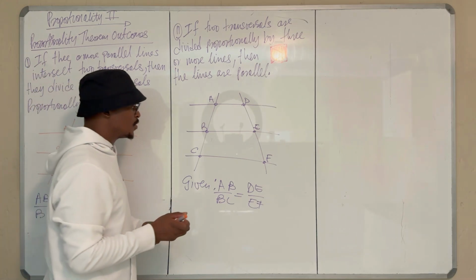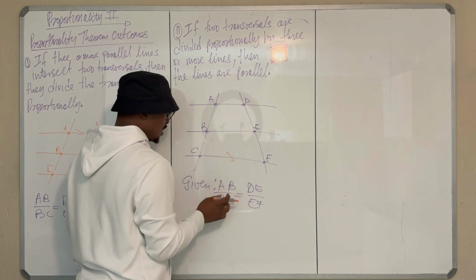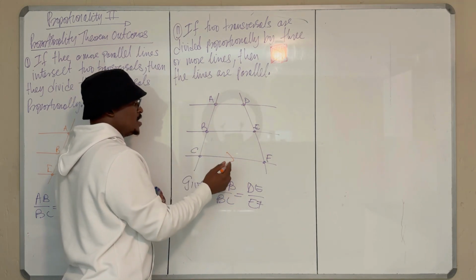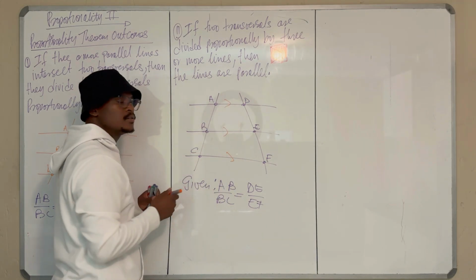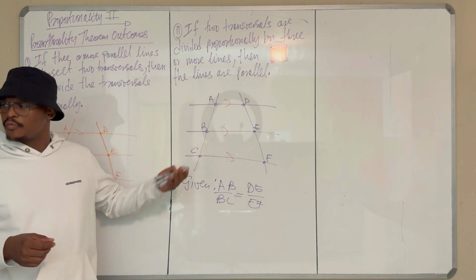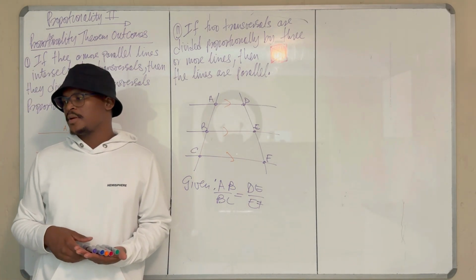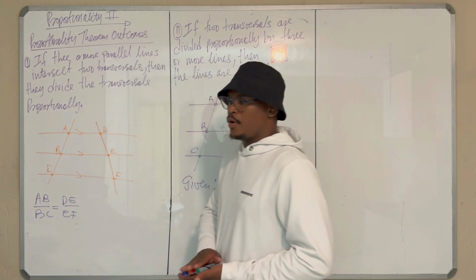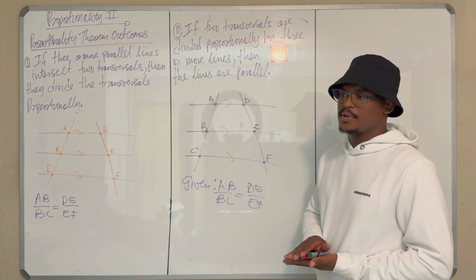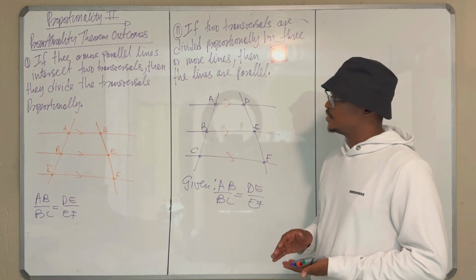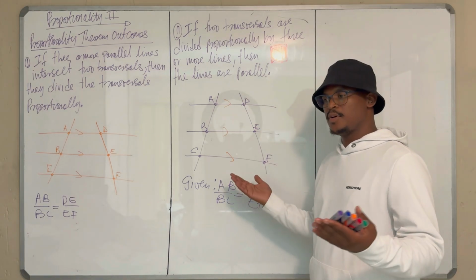So in this case, you can just say, because these 3 lines divide these 2 transversals proportionally, all these should be parallel. It's similar to what you saw in the proportionality theorem. Now I'm going to clean the board and you do some examples, and then we're done. Do you have any questions? No. So I'm going to clean this, then you do examples and we're done.